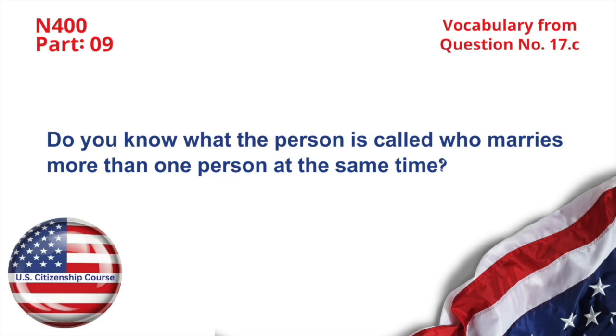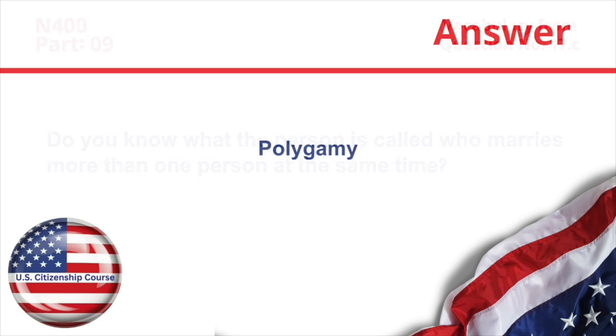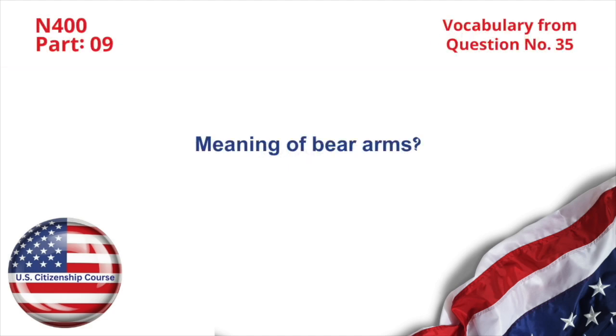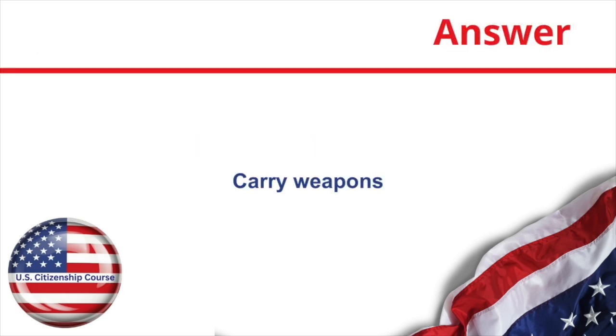Do you know what the person is called who marries more than one person at the same time? Polygamy. Meaning of bear arms? Carry weapons.